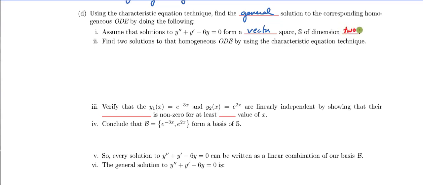And the dimension of the vector space for these homogeneous linear ODEs will always match the order of that homogeneous linear ODE. But sometimes I will ask you to prove that. So now you're going to find two solutions to the homogeneous ODE using the characteristic equation technique. So pause the video, take a look at the characteristic equation, and find the two solutions.